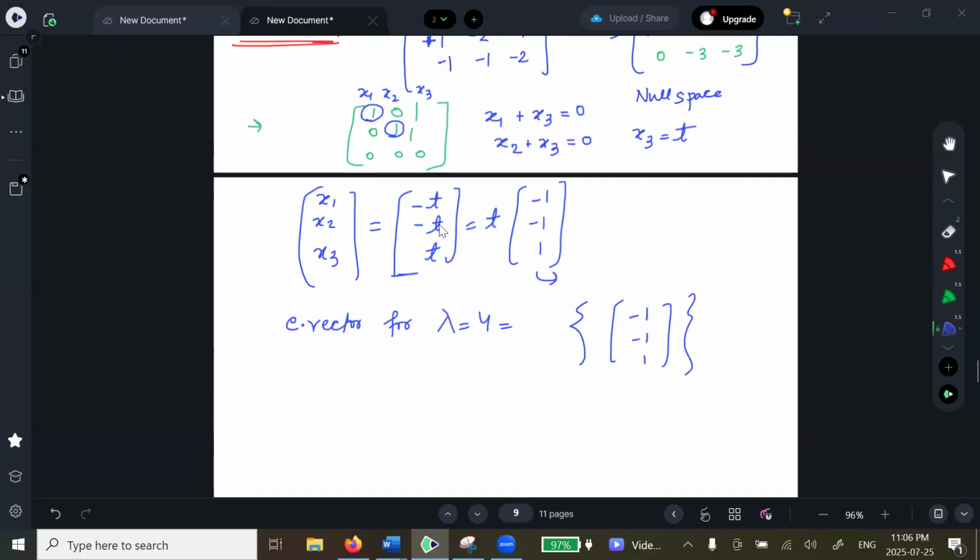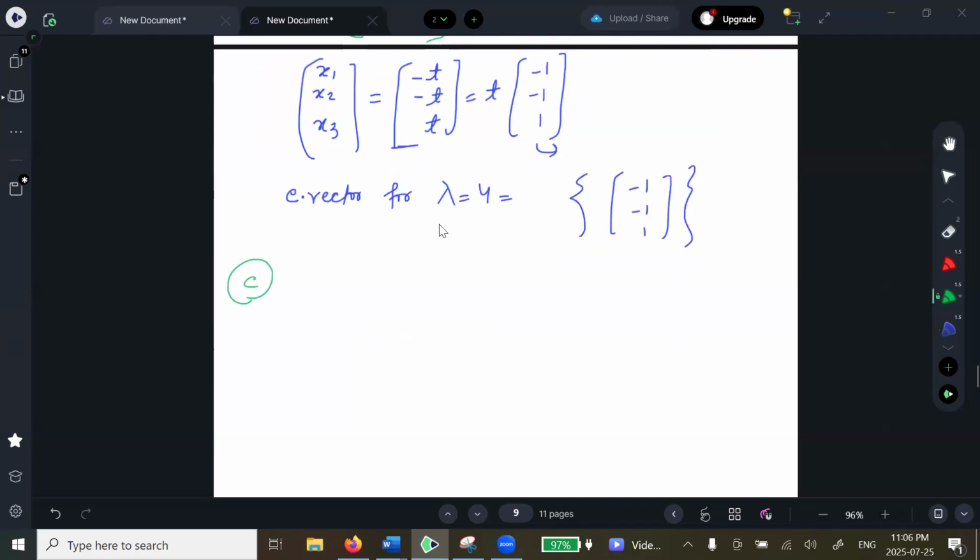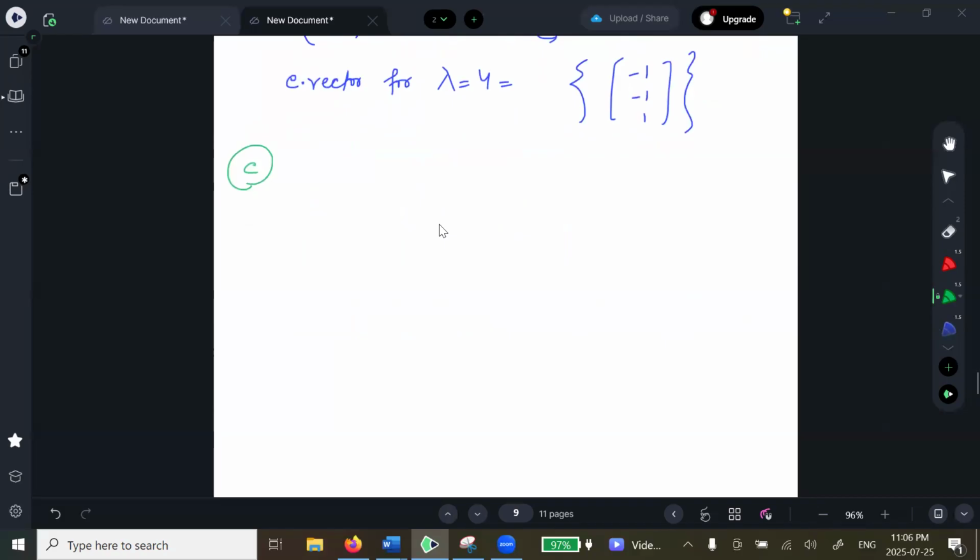Now, how do I know if a matrix is diagonalizable or not? That's the important part. That's just 2 steps now. A is 3 by 3, right? Every matrix has to be square. Number of eigenvectors of A equals 3, right?